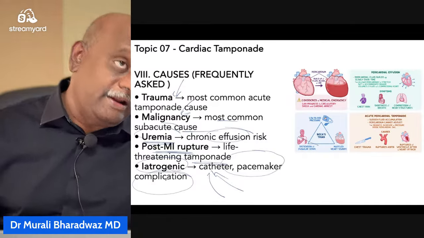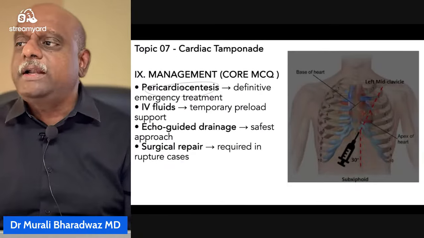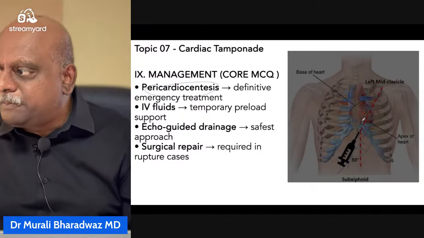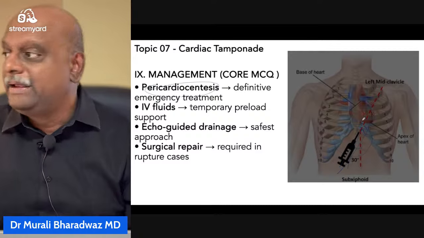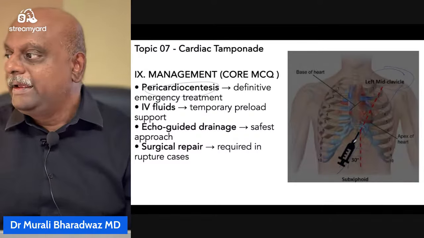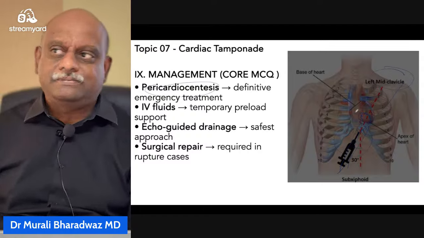You made pericardial effusion get created. How do you manage? Pericardiocentesis is the emergency management where you pass at 30 degrees in the subxiphoid area, directed towards the mid-clavicle, is the typical direction where you are aiming at the apex of the heart.